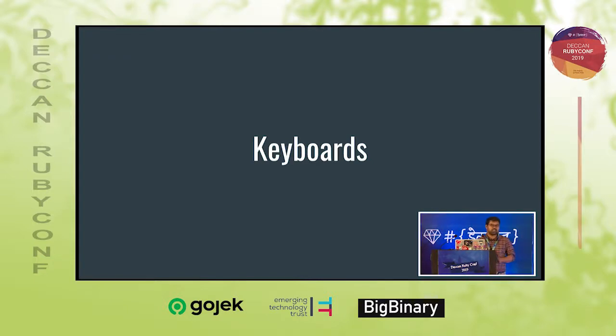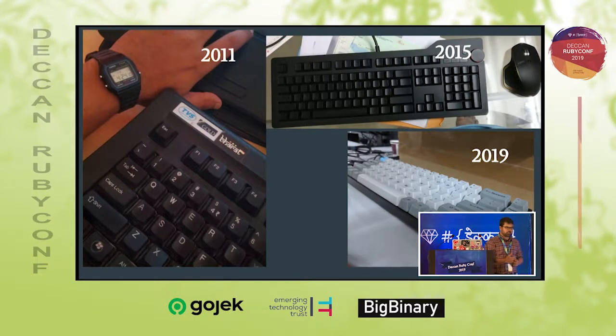So today I decided to talk about something different, which is keyboards. I like keyboards, but not membrane keyboards, mechanical keyboards, if you know what that is. As you can see in the photo, in 2011, I started with a TVS Gold keyboard, the kind of keyboard you see in the banks and old government offices.